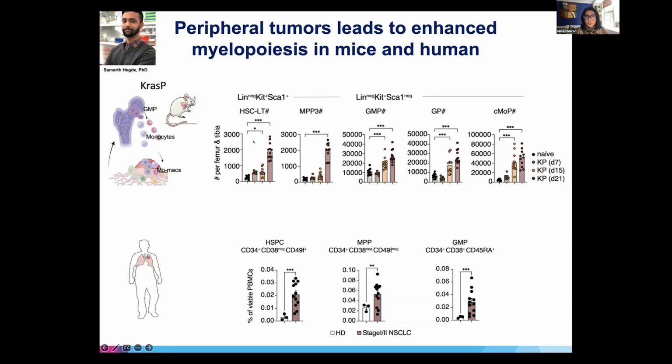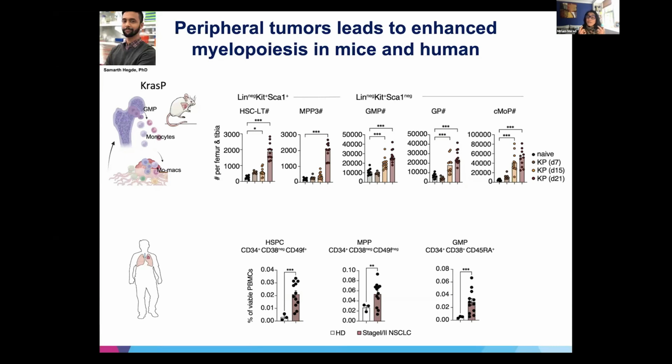We see an expansion of hematopoietic progenitors, myeloid progenitors, granulocyte-monocyte progenitors in the bone marrow in response to tumor, and this myeloid expansion is further amplified during tumor progression. And we see exactly the same thing in patients, where there is an expansion of both early hematopoietic and committed myeloid progenitors.